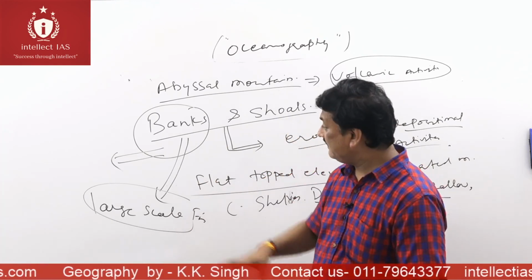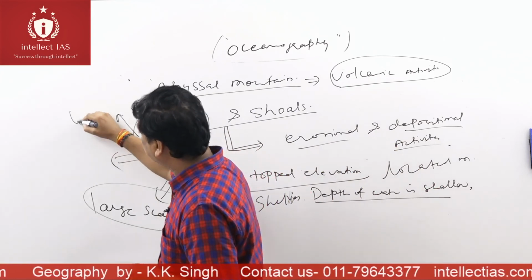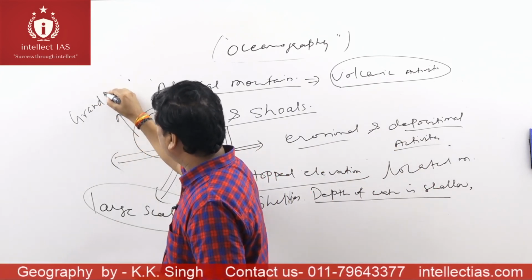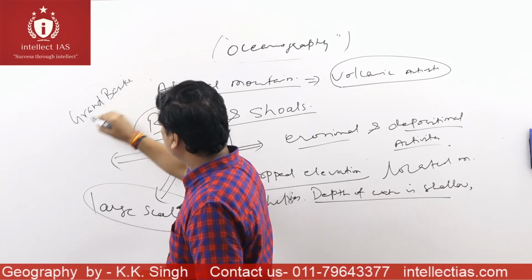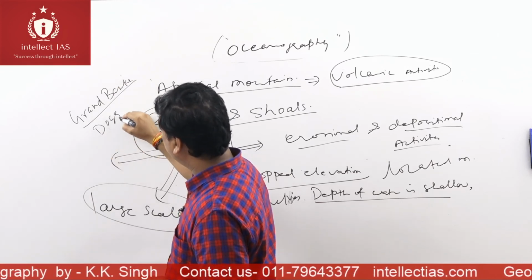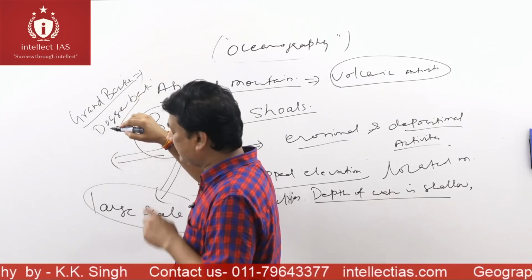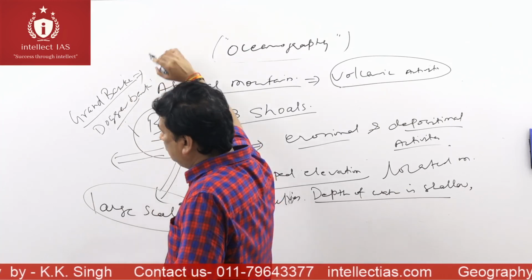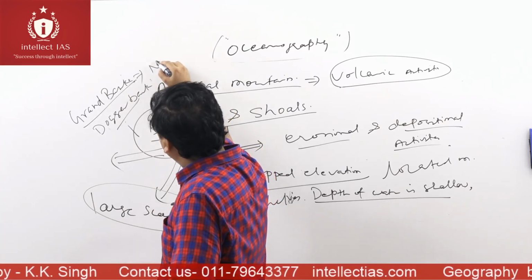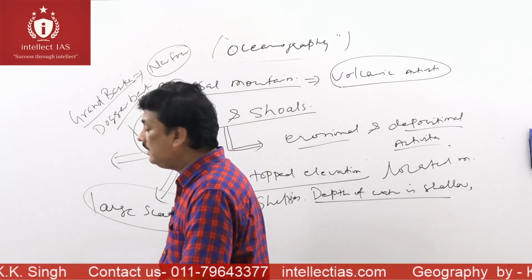Okay, examples of some banks are Grand Bank, Dogger Bank. Grand Bank is near Newfoundland in Atlantic Ocean. Newfoundland is an island of Canada.